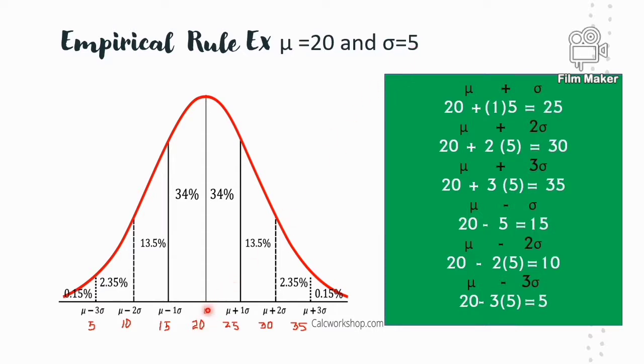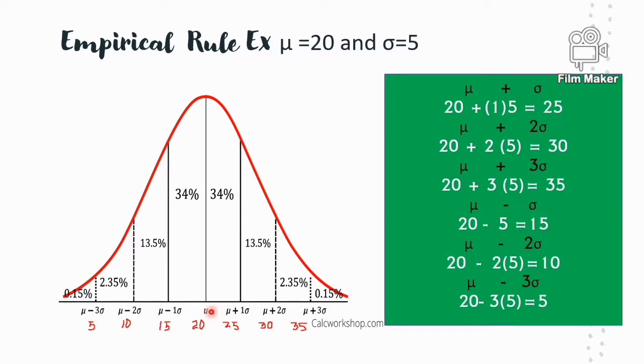The very first technique is to add on the right side and subtract on the left side. 20 plus 5 is 25. 25 plus 5 is 30. 30 plus 5 is 35. 20 minus 5 is 15. 15 minus 5 is 10. 10 minus 5 is 5.